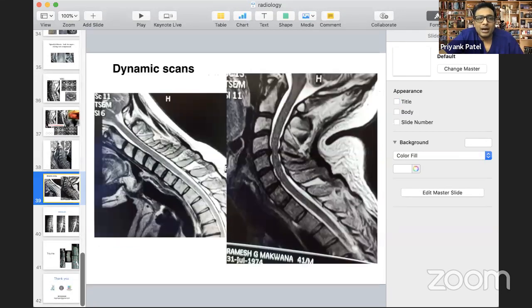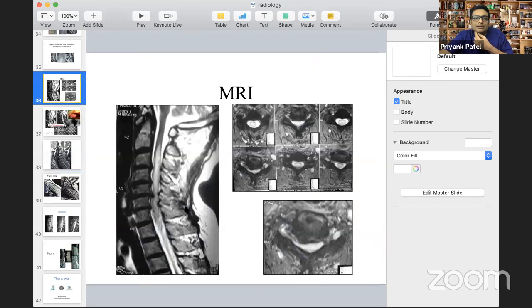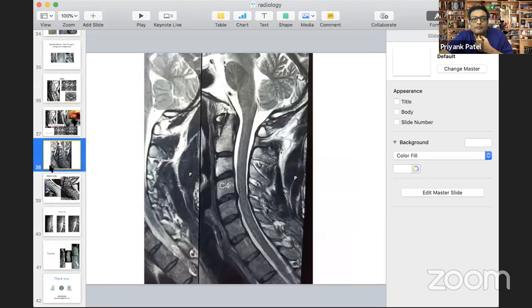If you see an MRI like this, where the patient is full-blown myelopathic, and you are surprised that there is not a lot of significant compression in the spine. See, this is a significant compression in the spine here. Even a small kid can say that the nerve is getting pinched over here. But if this MRI is given to a highly trained radiologist, he will not be able to comment with assurance that there is compression over here.